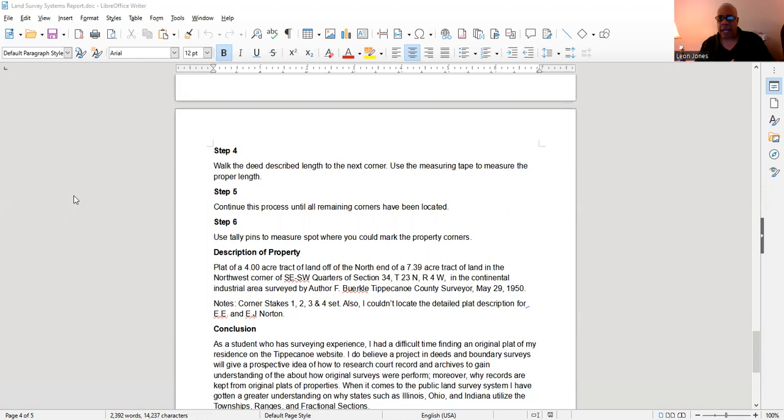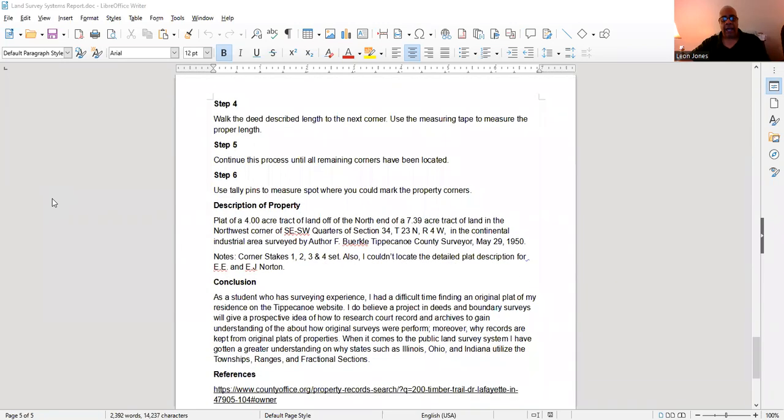That plat is almost like an as-built. Every time you make changes, you put the changes on that new plat, and that new plat is current. But you never discard the old plat, because you want to know who was out there first. All of this goes back to retracing your steps. And again, why do they do that? Because they want to keep everything very constant.